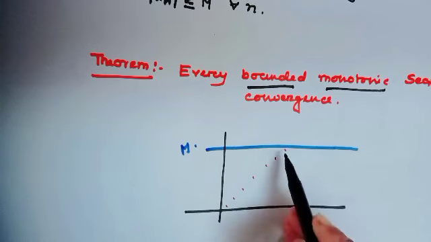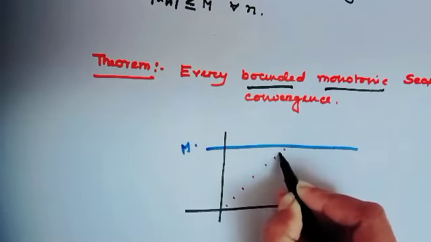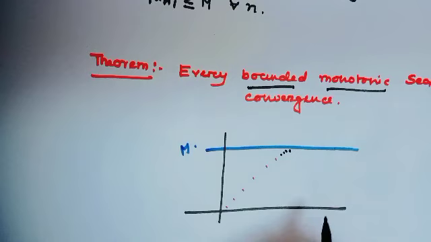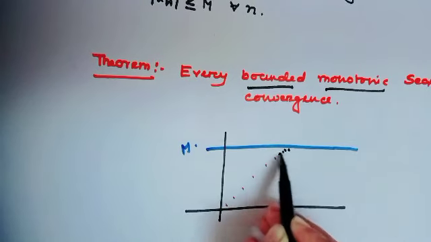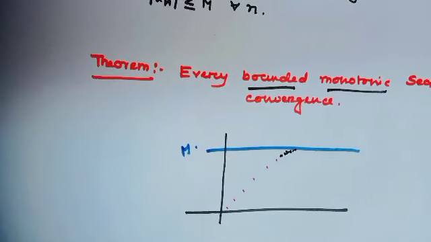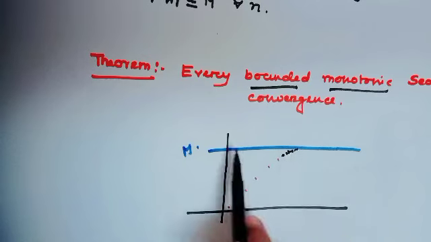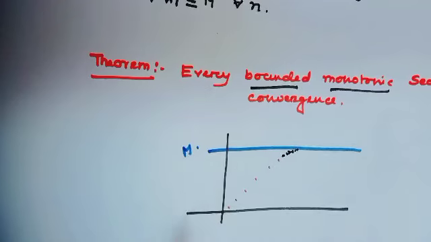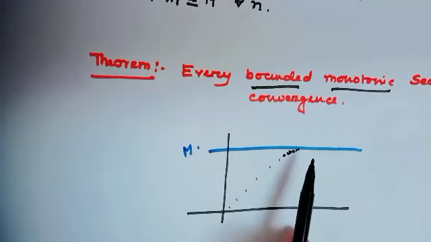Then it will keep slowly increasing or remain the same when it reaches the bound. Okay? Alright. And from this graph, it is clear it converges to the upper bound m. Are you getting my point?